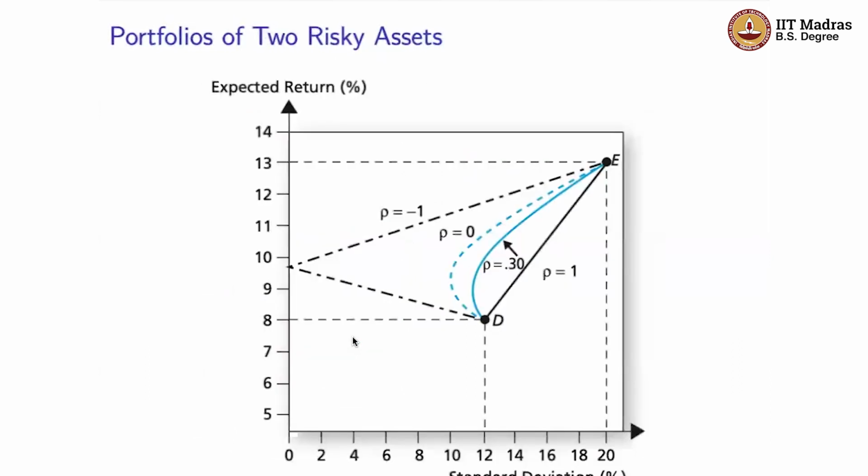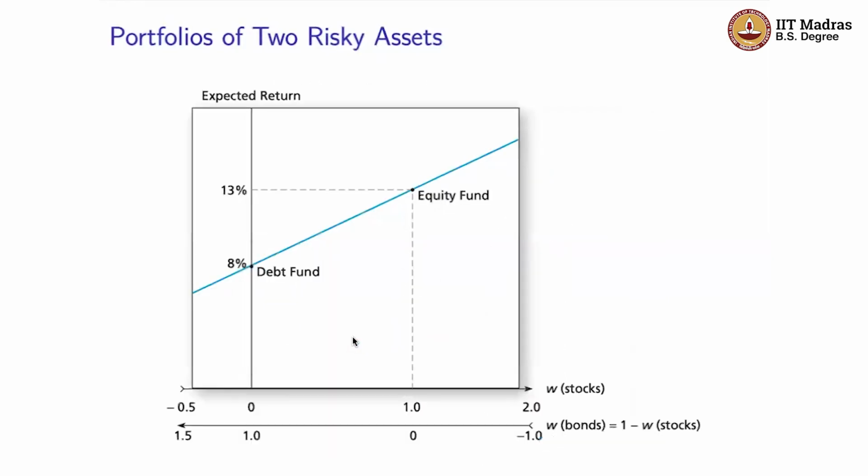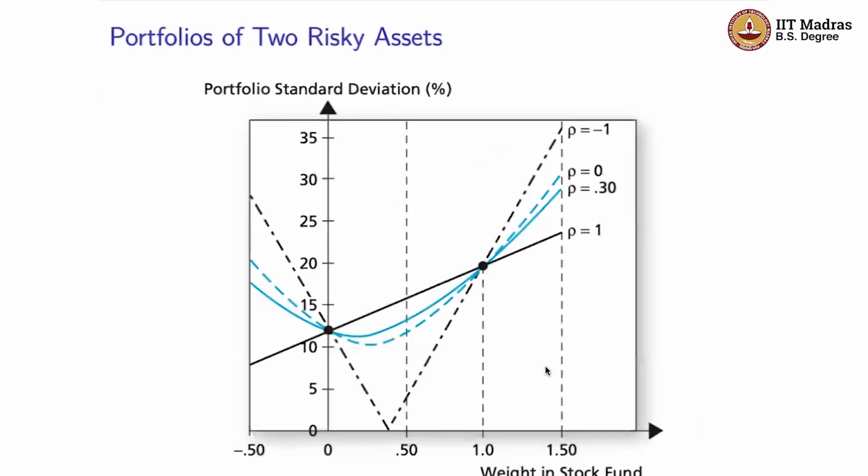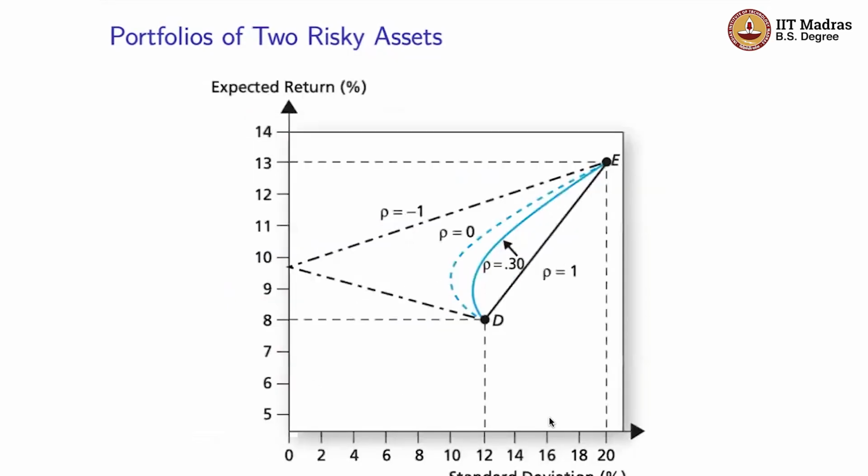We can actually combine these two figures for expected return as a function of the weight of the stock and the portfolio standard deviation as a function of the weight of the stock, and just substitute out the weight of the stock so that you can see what happens as you change the different weights, what are the different combinations of expected return and standard deviation that are possible.